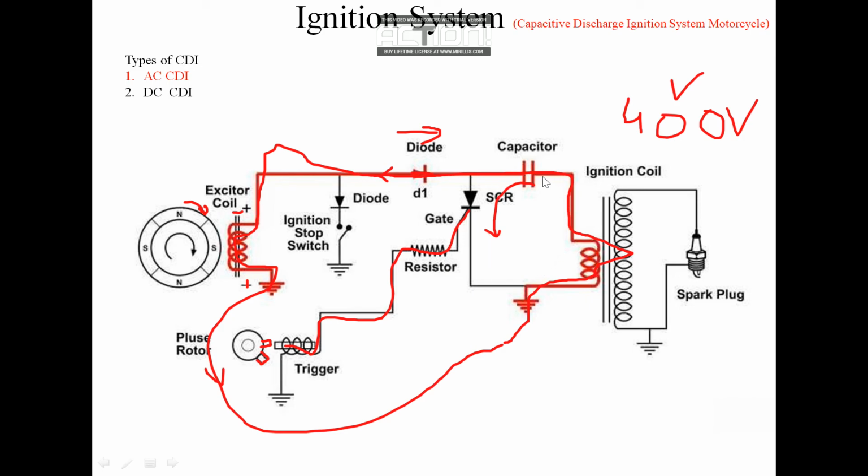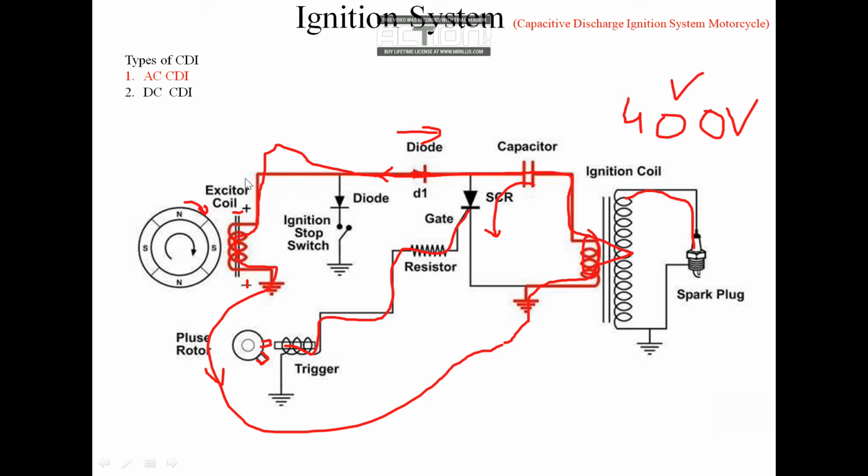As soon as the supply is provided to the primary winding, it gets magnetized, and respective voltage gets induced in the secondary winding, and a spark gets generated across the spark plug.